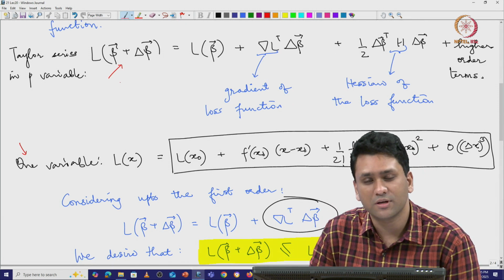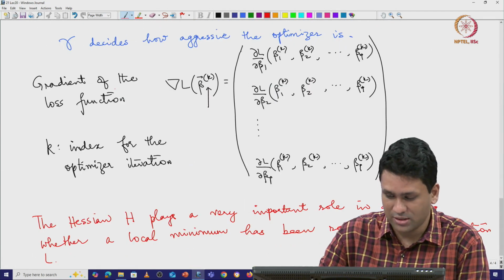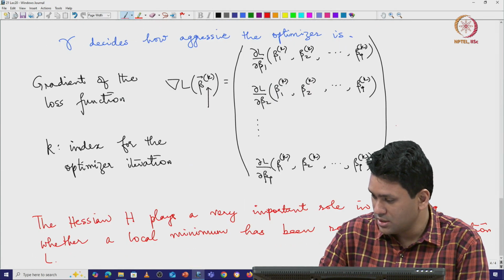So what happens when we do this for the second order derivative test, which determines whether you have reached a minimum or not?